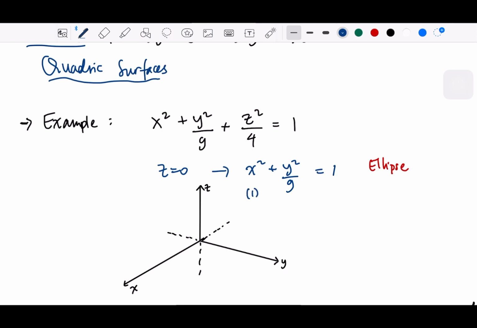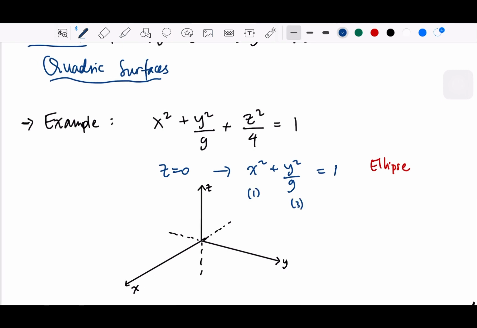The distance. For y, it's 3, right? If you remember the conic section, so let me draw. This is 3, this is -3, this is 1, -1. So the ellipse is going to be here, right? But in total, we have z, right?